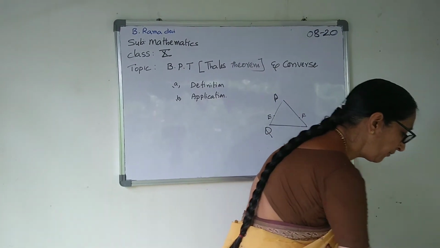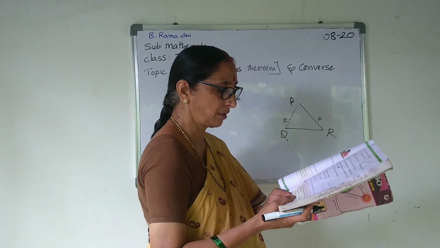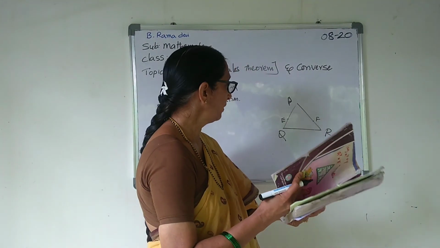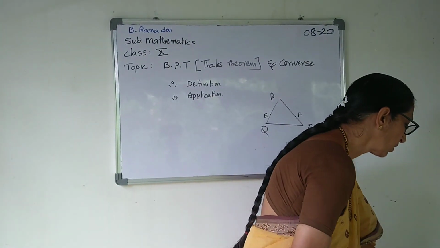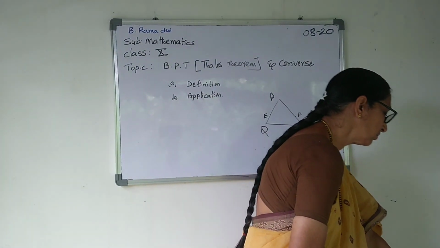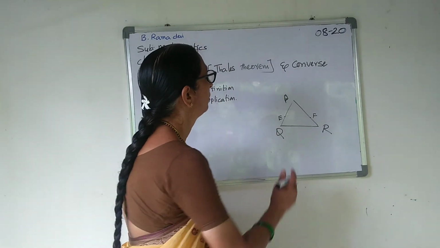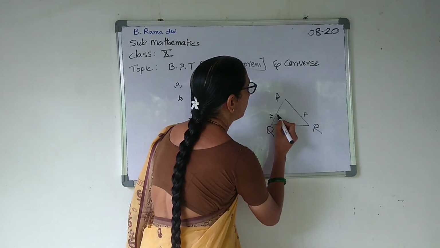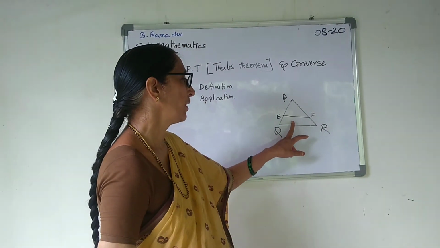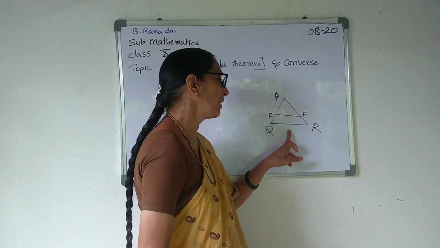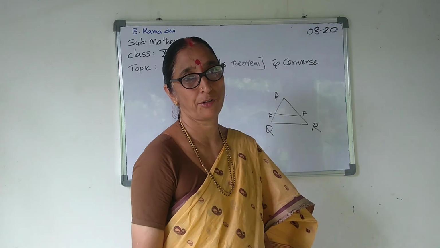E and F are the points on PQ and PR. We have to find if EF is parallel to QR or not.